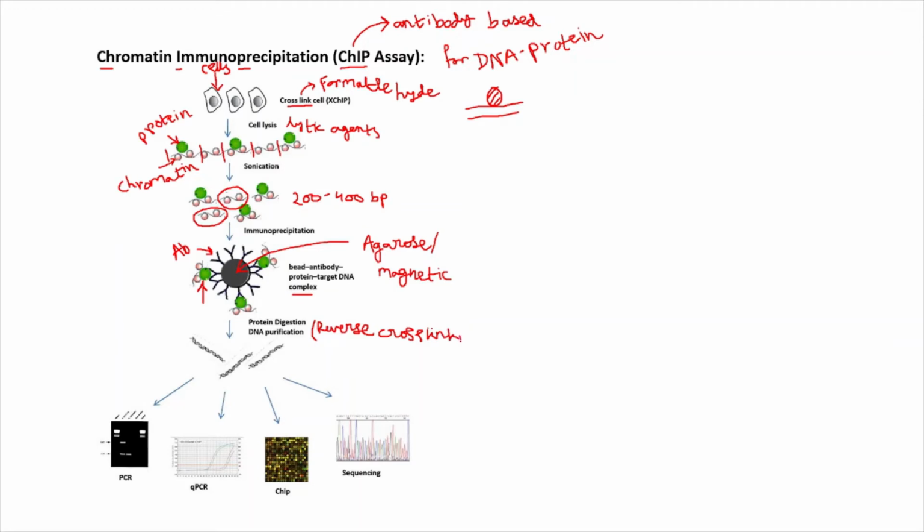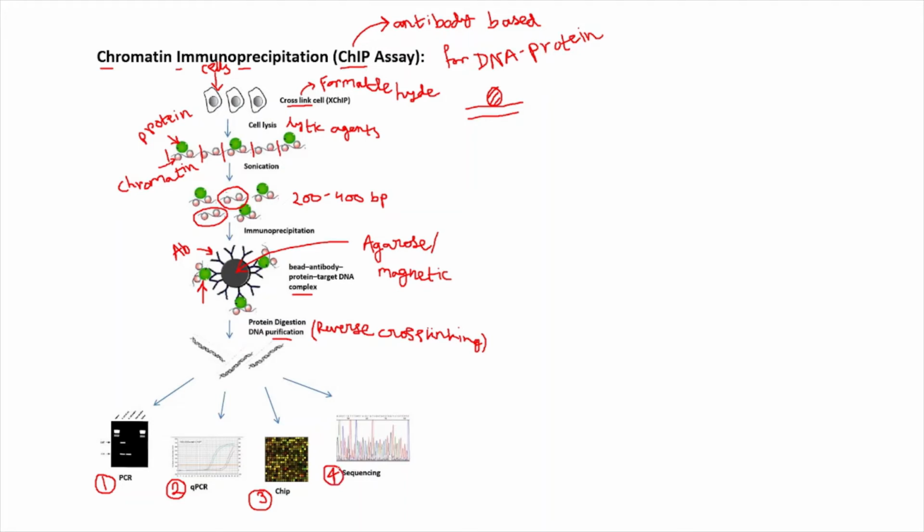Now you take out the DNA, isolate and purify the DNA, and then you can perform DNA analysis by either PCR or qPCR. So this is the first method, this is the second method, or by microarray, this is the third method, or by automated DNA sequencing. This is the fourth method.